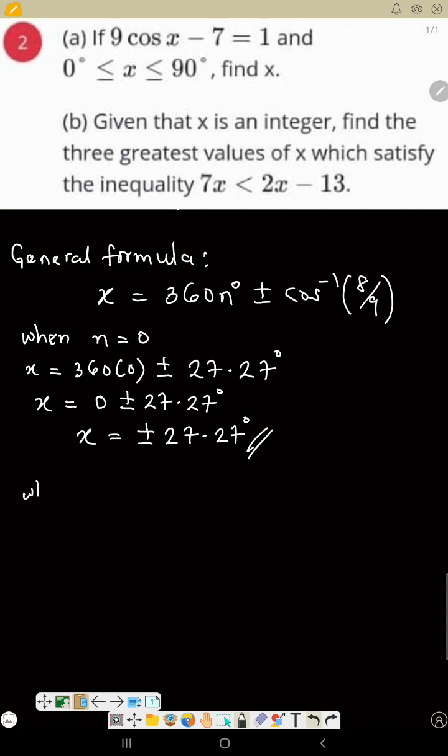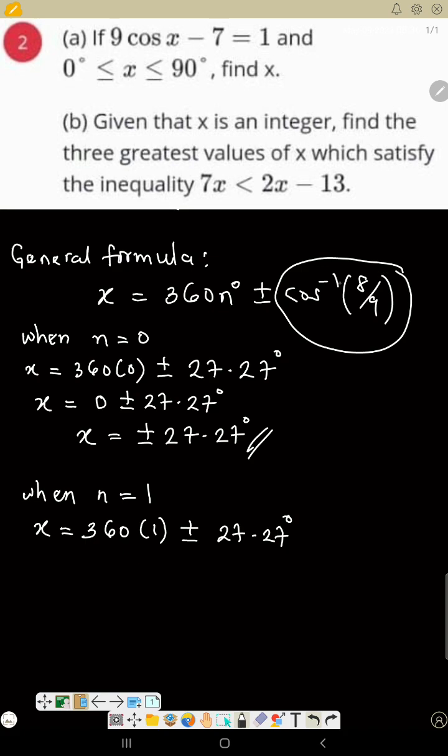So when n is equals to 1, put it in this general formula again. So x will be equals to 360 bracket 1 plus or minus 27.27 degree. How do we get that 27.27?